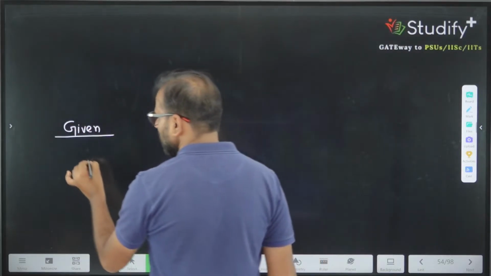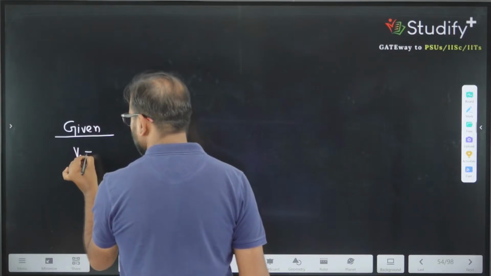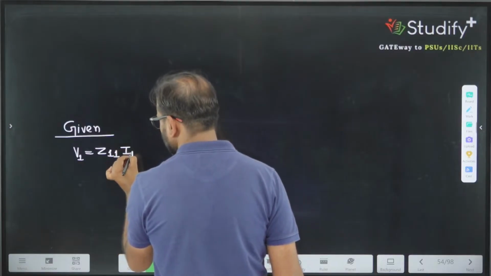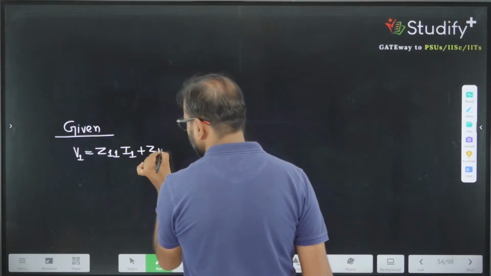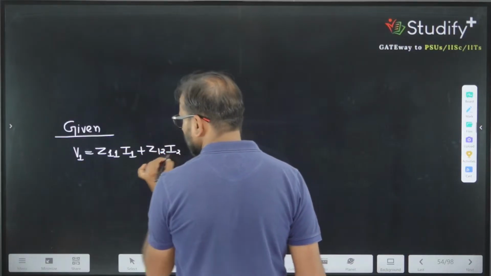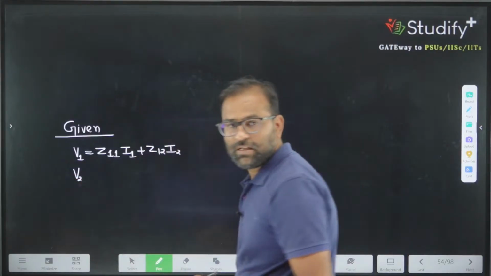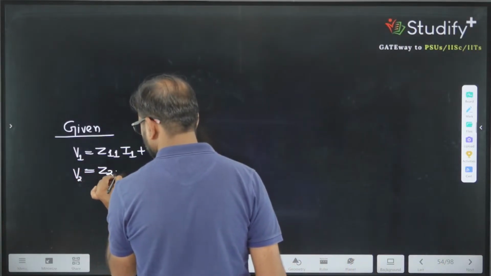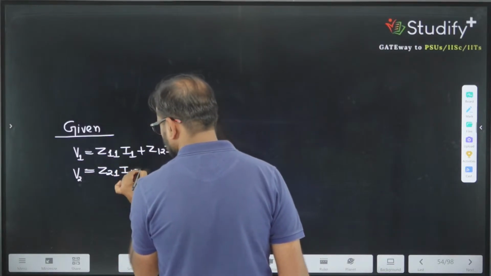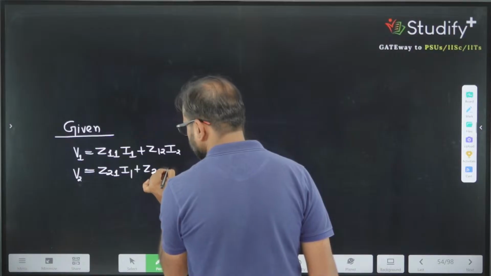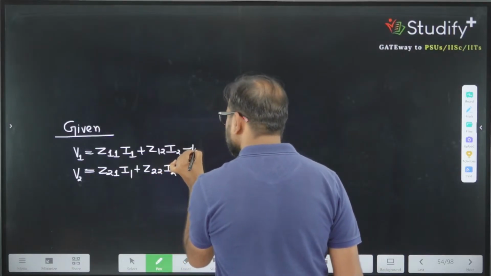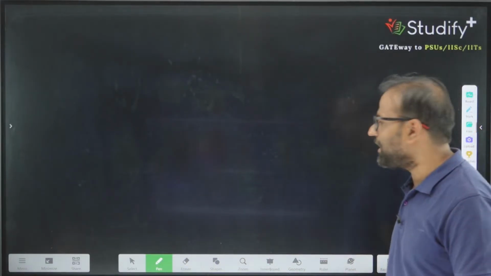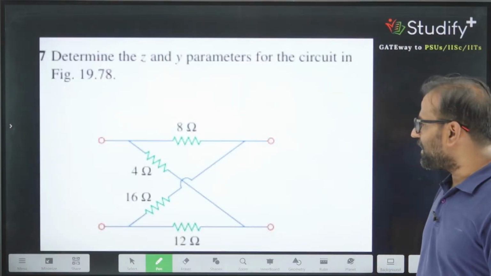V1 is equal to Z11 I1 plus Z12 I2, and V2 is given as Z21 I1 plus Z22 I2. These two equations are very much available to us. What else is available? First, just write what is available to us.